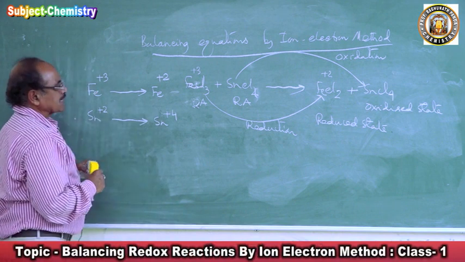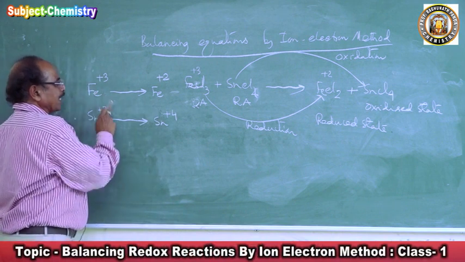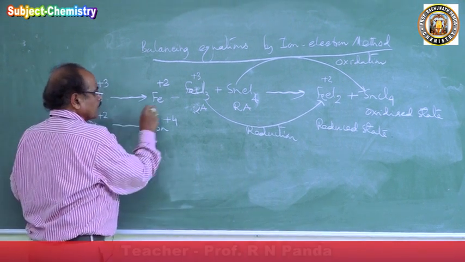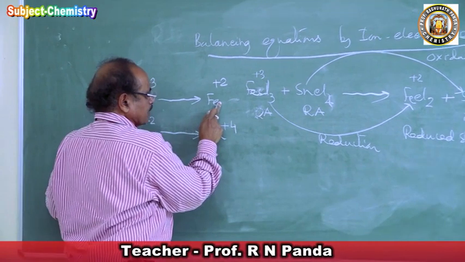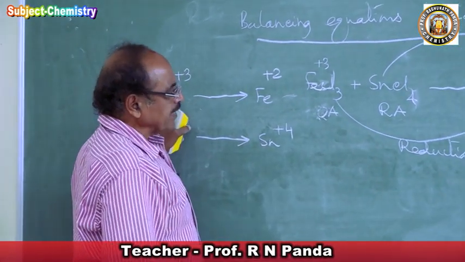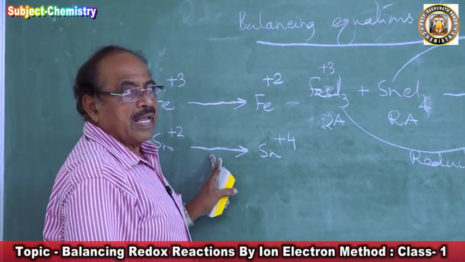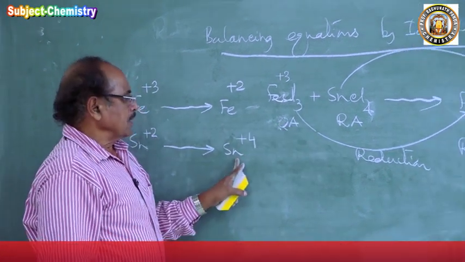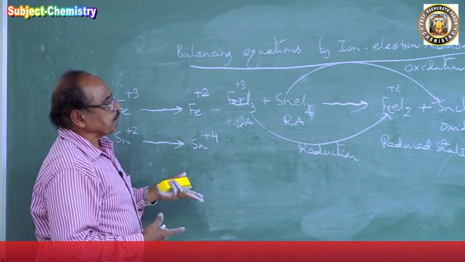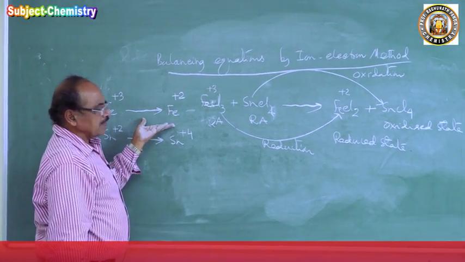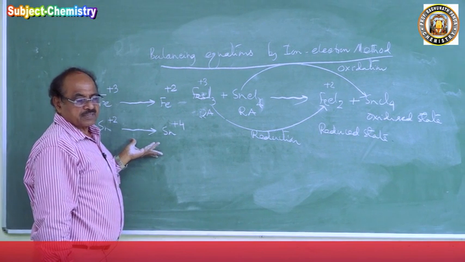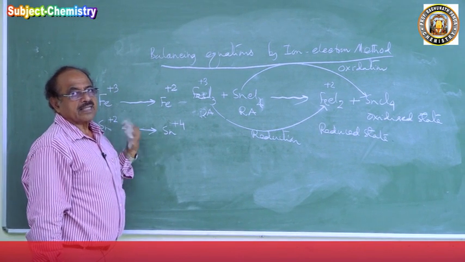Now we have to balance them. This reaction is called a half reaction and this reaction is also called a half reaction. Stannous chloride is the reducing agent. So what we have done is write the oxidized and reduced states of the substances in their ionic form.